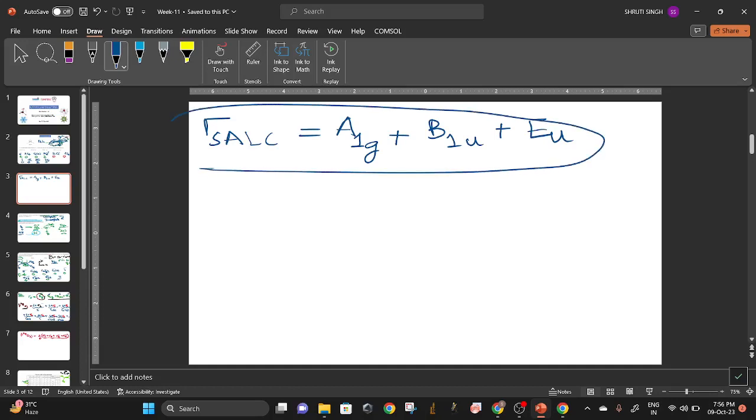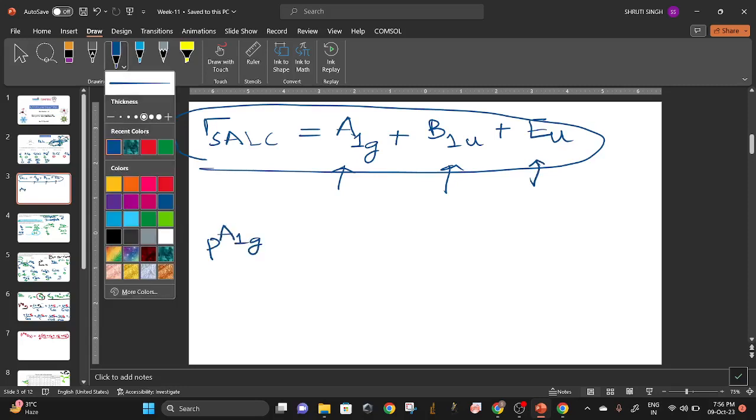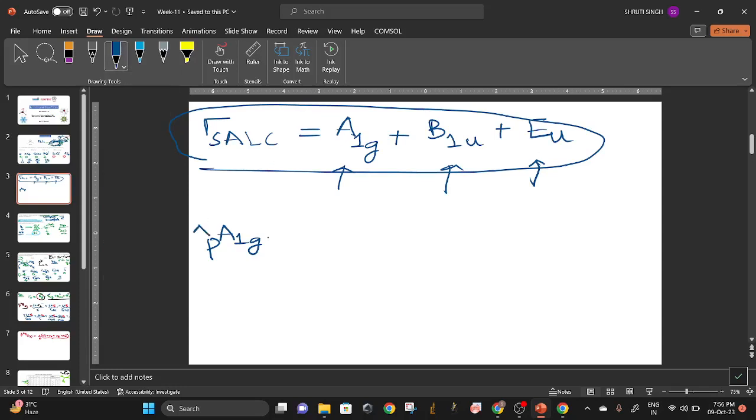Now we need to work out the projection operator regarding these and this symmetry operation. I will write for the first two, because we actually need two. In the question it is asked to work out the third one, Eu. When A1g is applied on sigma 1 or any of them, we will get the totally symmetric representation.